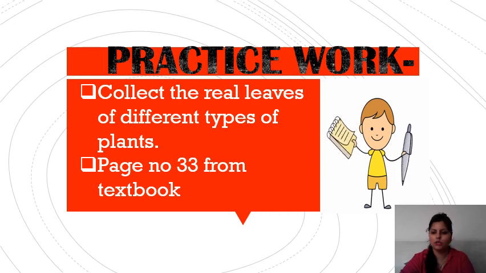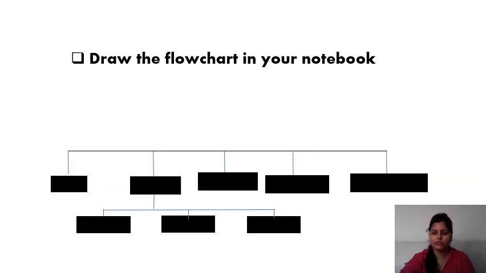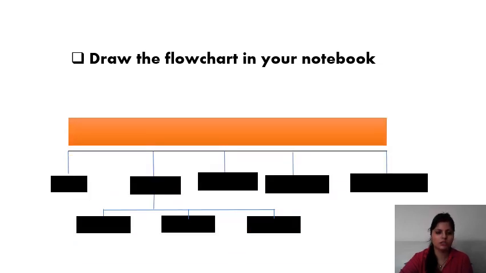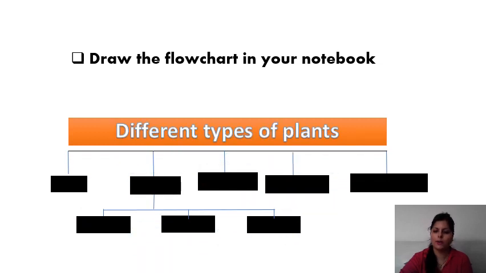And one more practice work, you need to do in your notebook. How are you going to do it? Draw a flow chart in your notebook. This flow chart is about different types of plants. We have learned the different types of plants now, so you have to draw this flow chart.